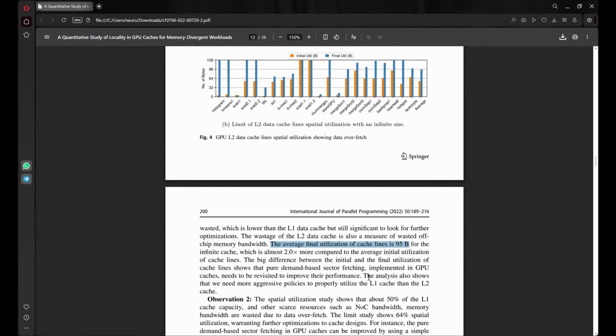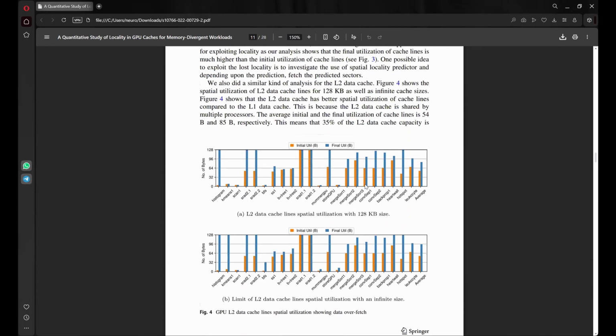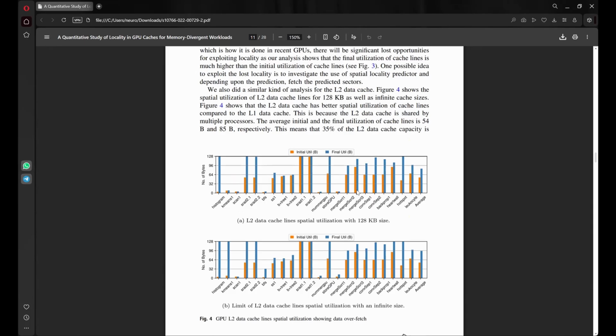They say here the analysis shows that we need more aggressive policies to properly utilize the L1 cache as opposed to the L2 cache, because the L2 cache does phenomenally well under normal conditions without the infinite size, and the boost that it gets from infinite size is about 10 bytes.